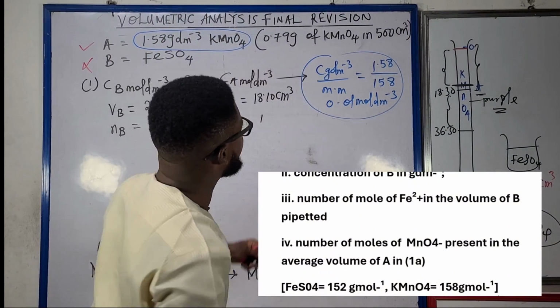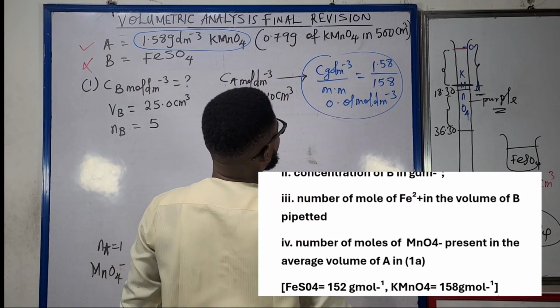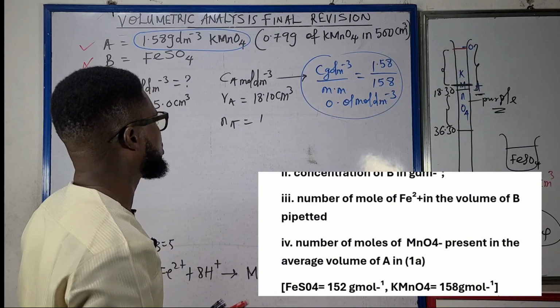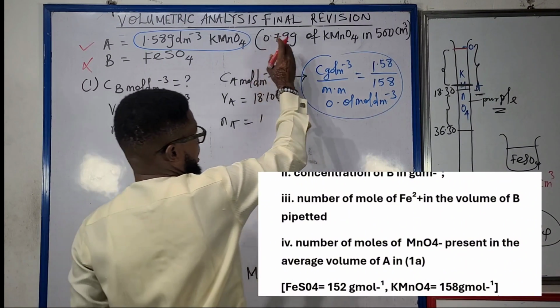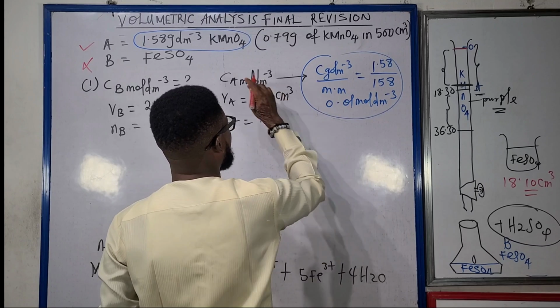But if we were given information about KMnO4 as 0.79 g of KMnO4 in 500 cm³, how are we going to calculate our Ca in mol/dm³? It's still the same process.